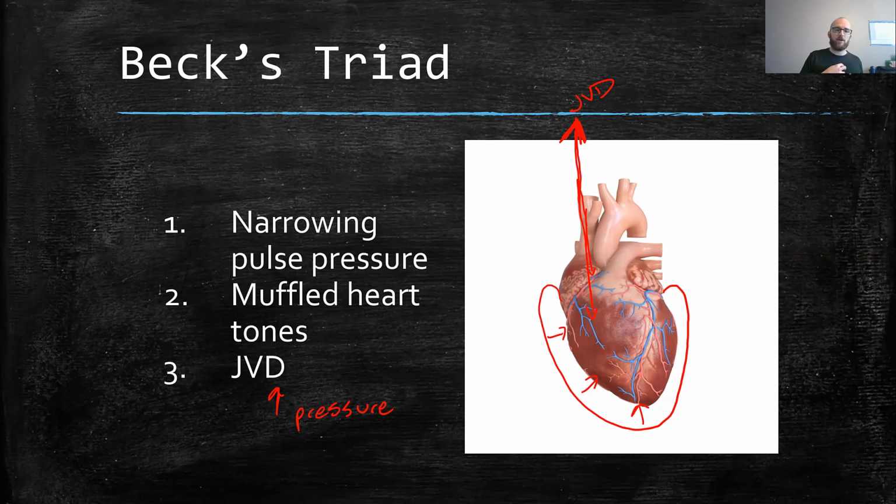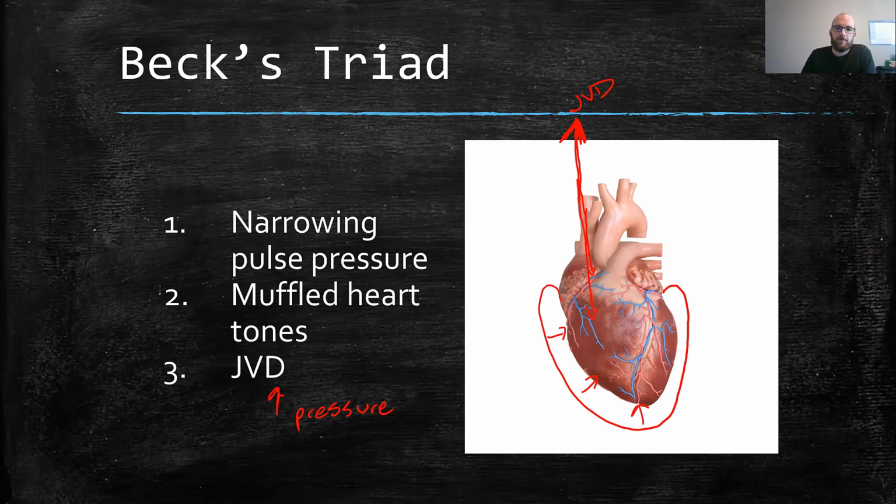If you never listen to heart tones, except when you think it might be cardiac tamponade, then you don't have as much of a foundation for comparing what's normal to what's abnormal, what's normal to what's muffled. So the more normal you listen to, the more abnormal is going to stand out to you. That's just good practice.